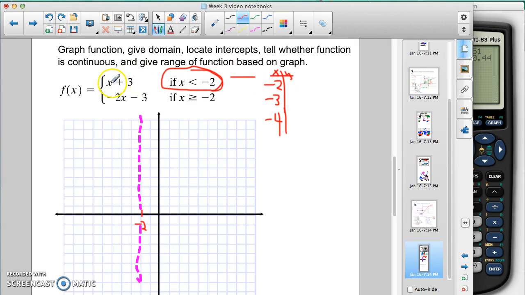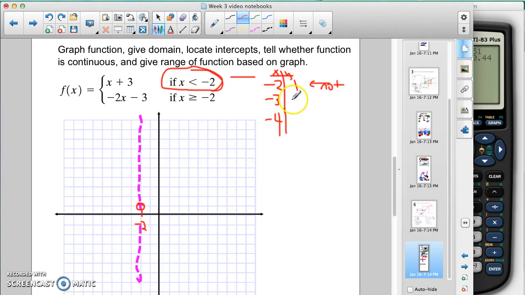So at this point, my open circle, where the graph is going to end up, is going to be at 1. So I should have an open circle right there at 1, because it's not included in the domain. But I needed it to know where we would start our graph. Our open circle starts there.